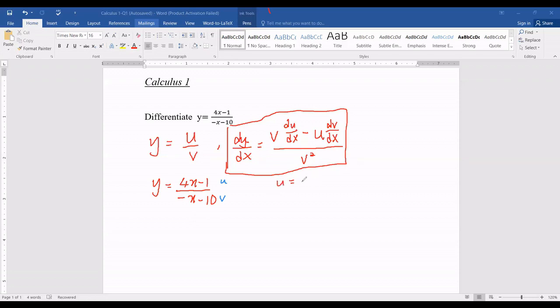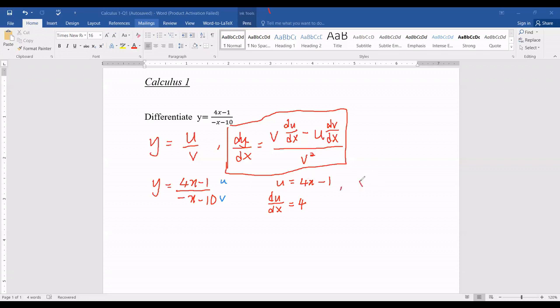Say u is 4x minus 1, and you need to find the first order derivative. du over dx will be, if you differentiate 4x, you get 4, and if you differentiate that 1, you get 0 because it's a constant.